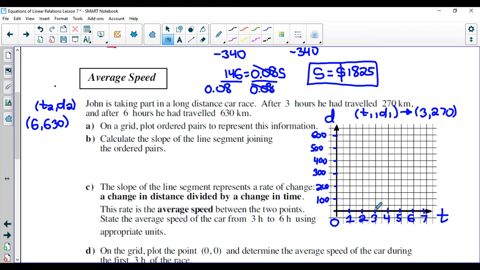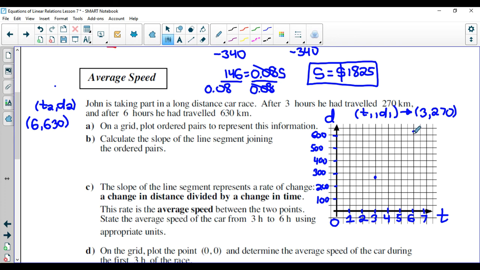All right, so let's plot these points on the graph. So when we're at a time of 3, our distance traveled is going to be 270. So that's going to be between this grid line and the 300 grid line, maybe something about like right here. And then when we've traveled 6 hours, we're up at 630 kilometers traveled.